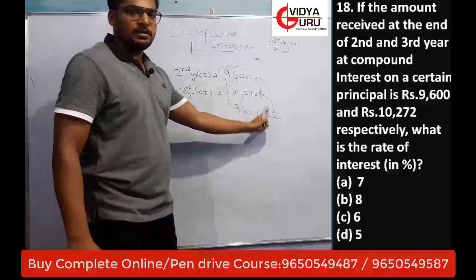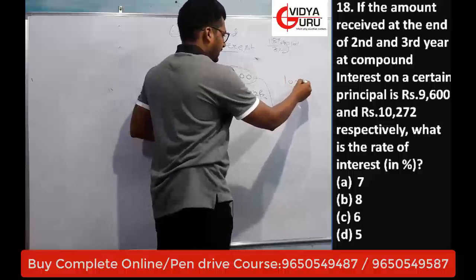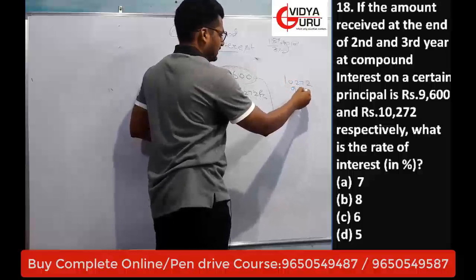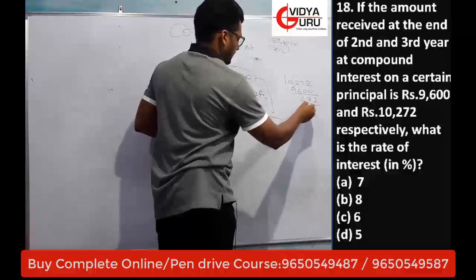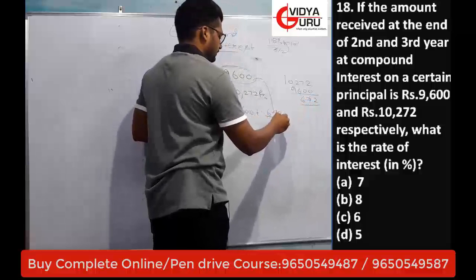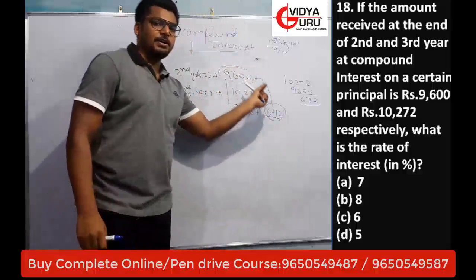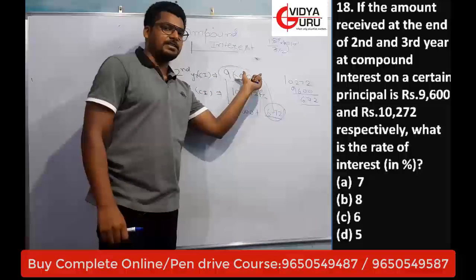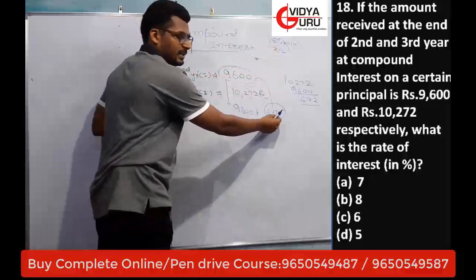What is the extra amount? If we subtract 10272 minus 9600, it will come to 672. That means I have received 672 rupees interest on 9600 for the third year. That's why this extra 672 has come.